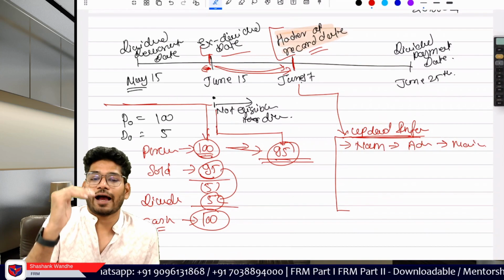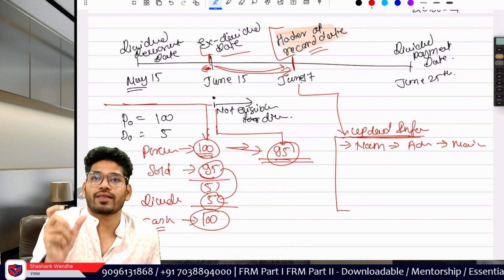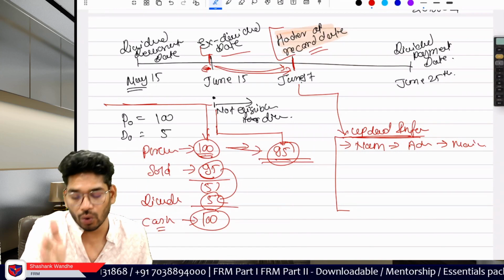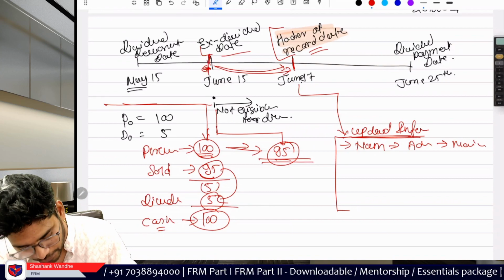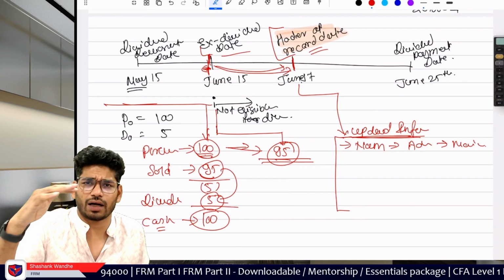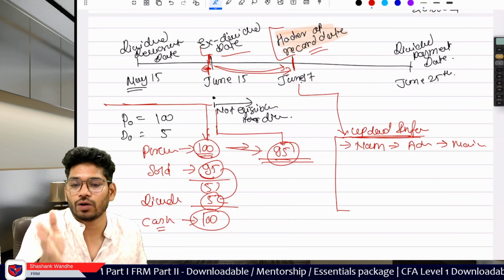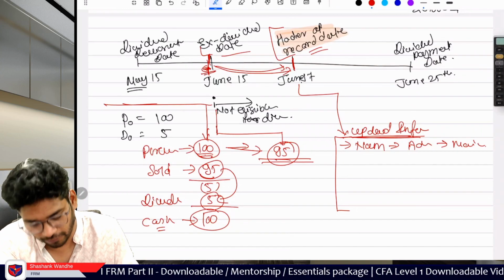So now the company has all the information on the investors who were holding shares on this particular date. Maybe there are other long-term shareholders, and also you, the investor who purchased the share just for one day.